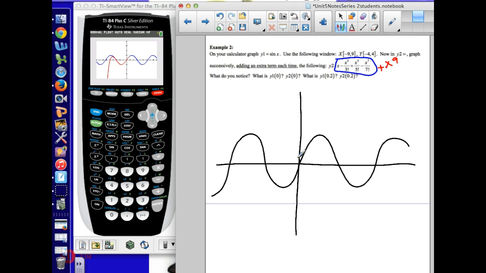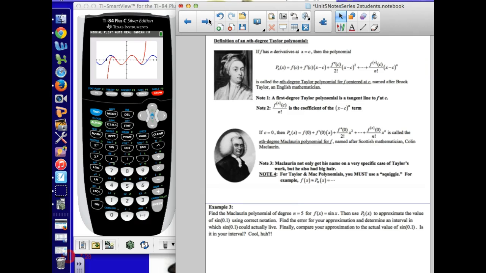I added an x to the 9th over 9 factorial on there. And notice it came in, hit right about here, and then it really hugged the curve very well. It hugged it, and then it kind of veered off on the end. And you can guess, if I did the next term and added that on, it'd be even better and better. And if I did it on out to infinity, it fits the curve exactly, and that's our goal eventually. So where did that come from?